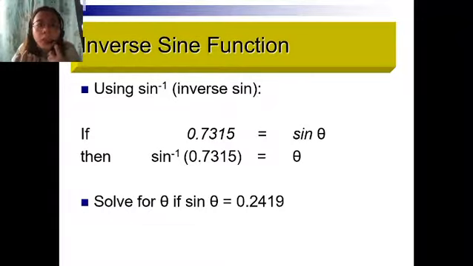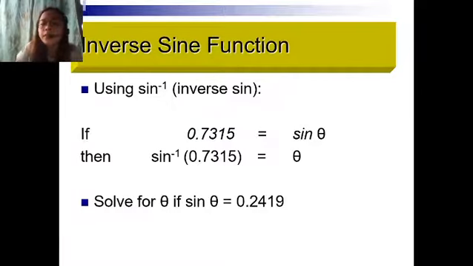So today I'm going to talk about the inverse sine function. So this one is the inverse. So ato magamba ka inverse meaning, using sine -1 or the inverse sine. So if 0.7315, amo ni siya ang given nga value. For example, 0.7315 is equals to sine theta.